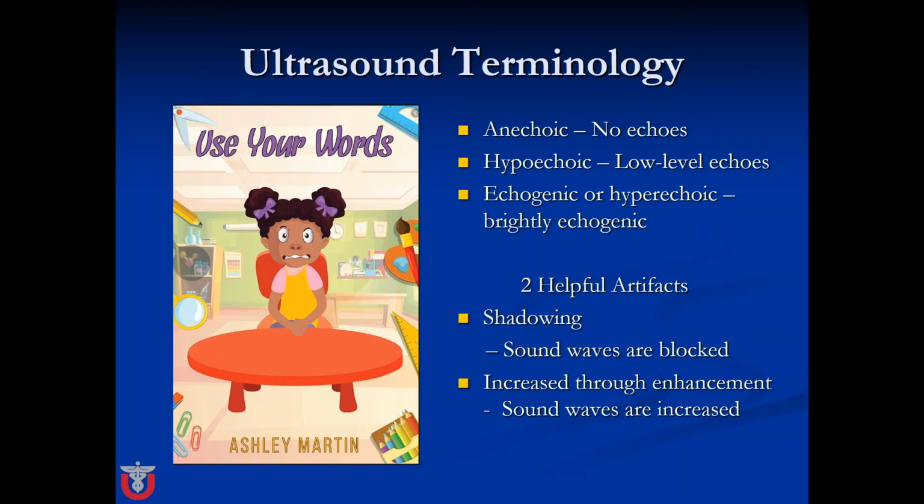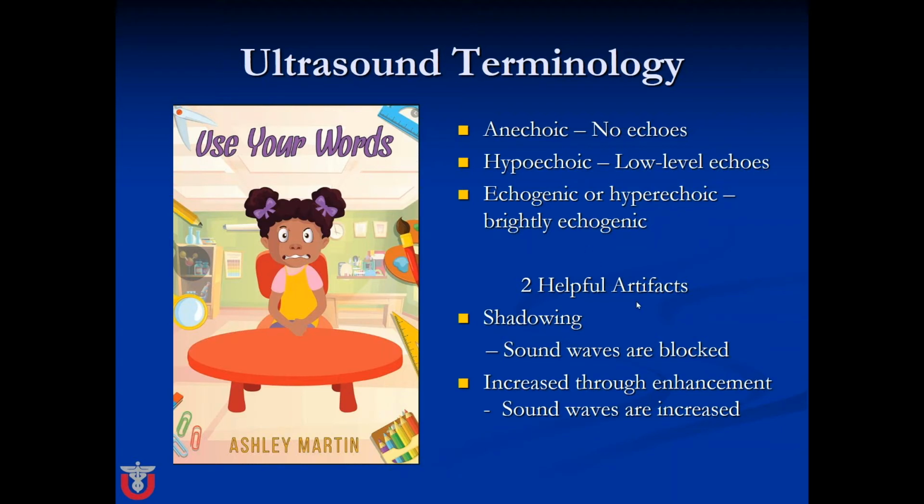And the three ways we describe structures, they're either anechoic, meaning no echoes, hypoechoic, meaning low-level echoes, or they're echogenic. Also, we can use the word hyperechoic, and they appear bright, like that last case I showed you.